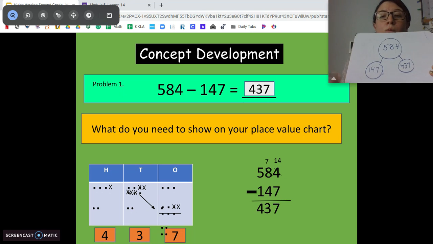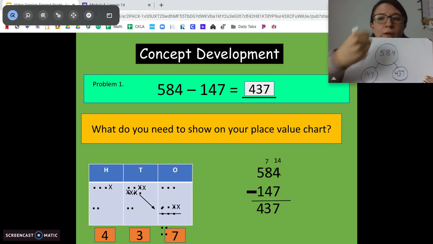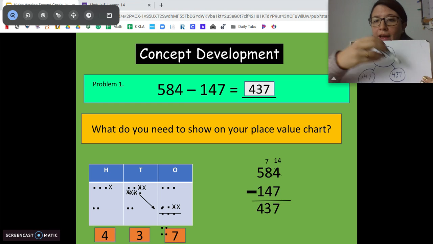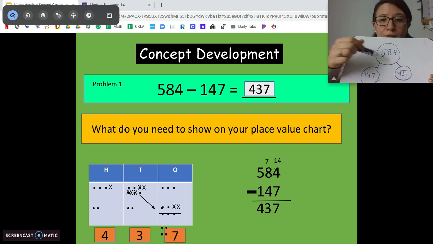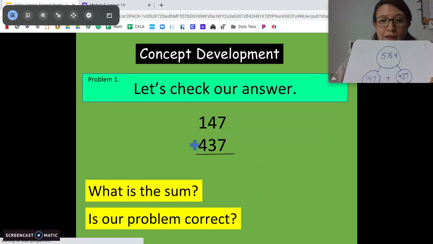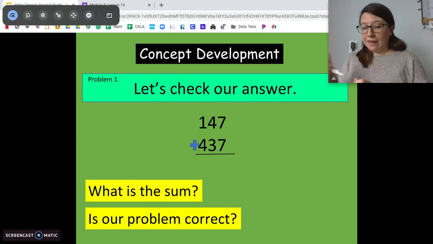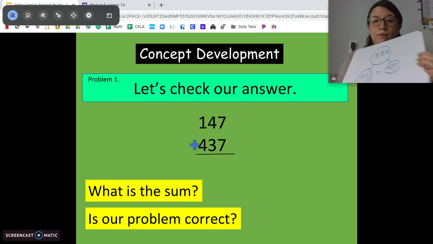Now, just like when we do small numbers, addition and subtraction, we can manipulate these numbers. We can subtract, we can add, we can do whatever. So this problem was 584 minus 147. What we can do to check our work is to add our 2 parts together. So let's add them together, and if our work is right, we should get 584.